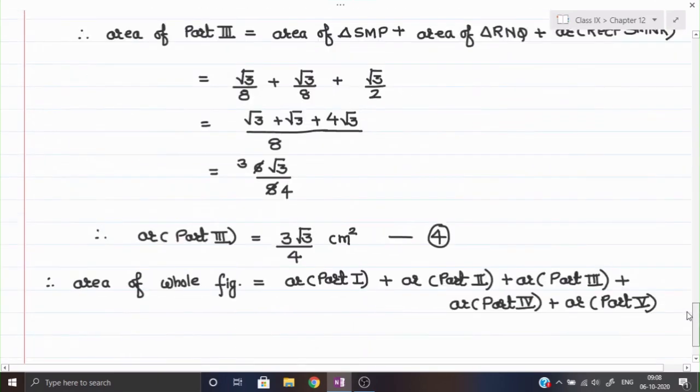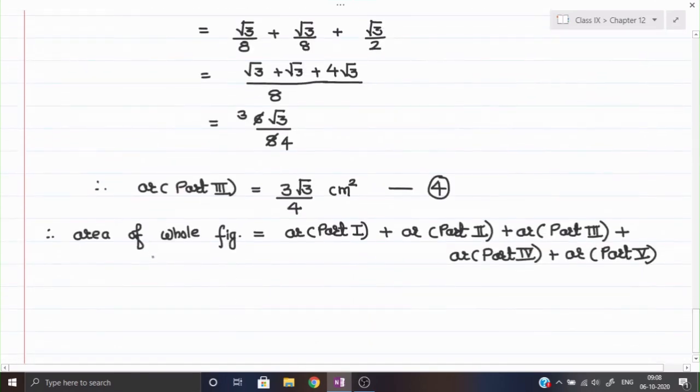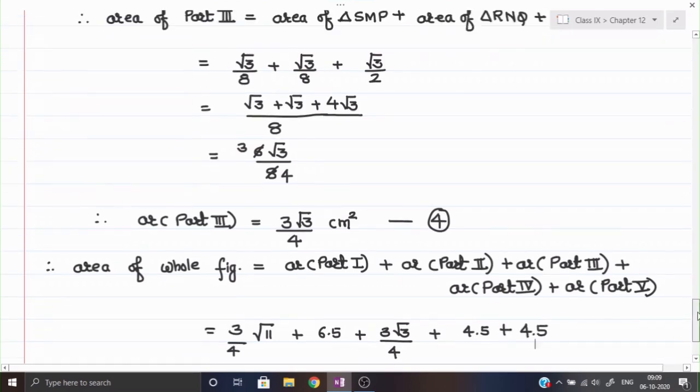So, we shall write down first one as 3 upon 4 under root of 11 plus 6.5, that is part number 2. Part number 3 is in front of you, 3 under root of 3 upon 4, and then part 4 and 5 is 4.5 each.